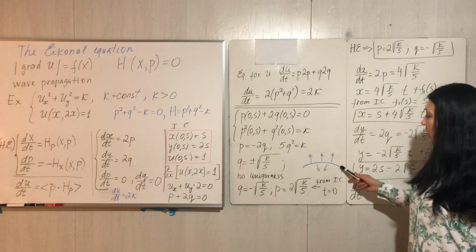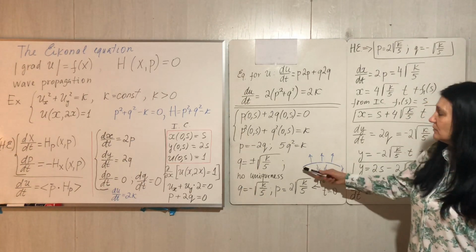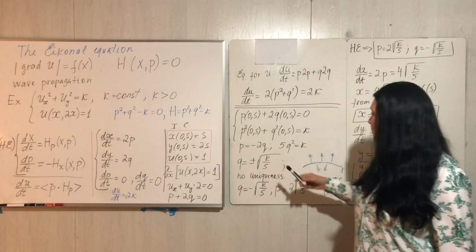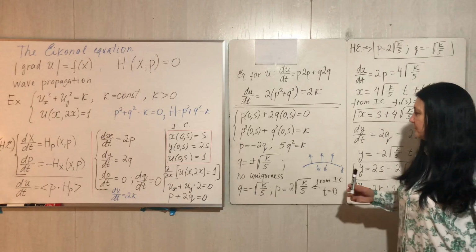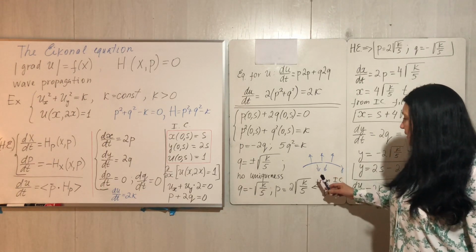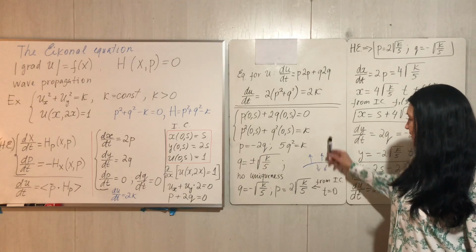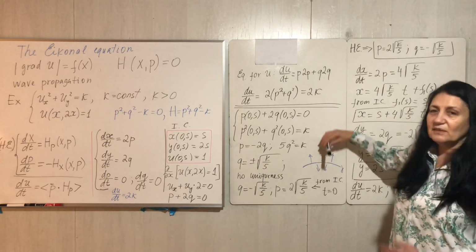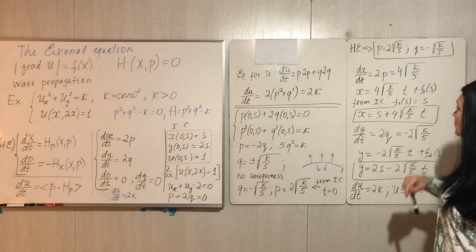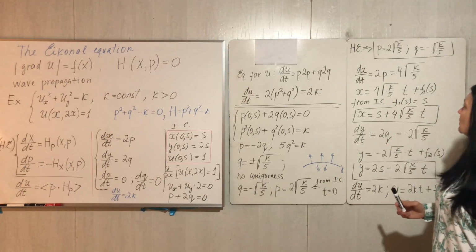Suppose this is our initial front of light, and it can propagate if p and q are related to, say, a velocity vector, then it can propagate in this direction, or it can propagate in the opposite direction. So that's how we can explain non-uniqueness from a physical viewpoint.